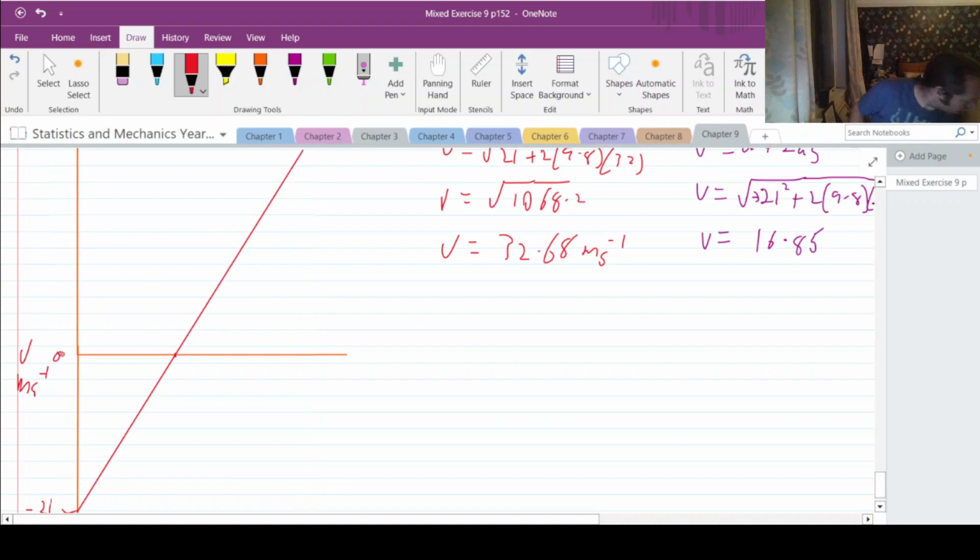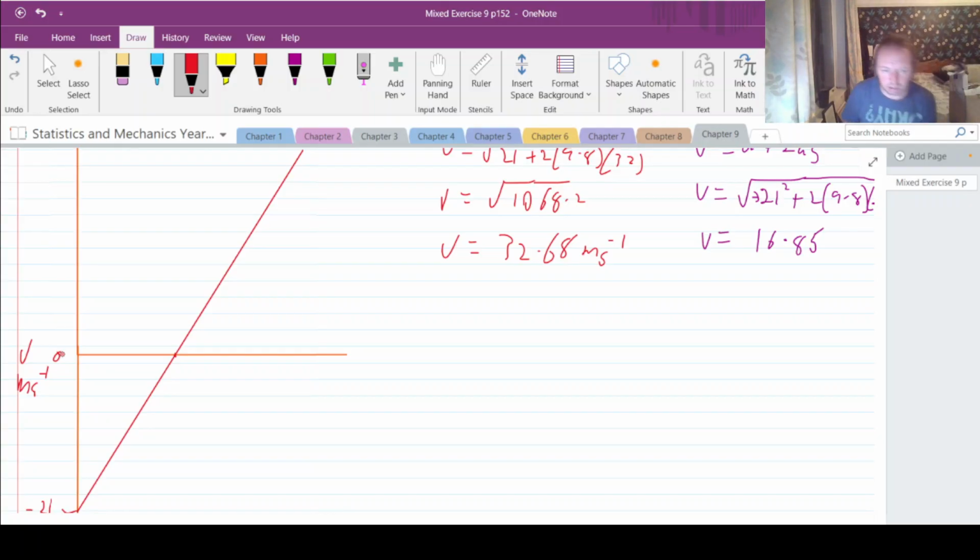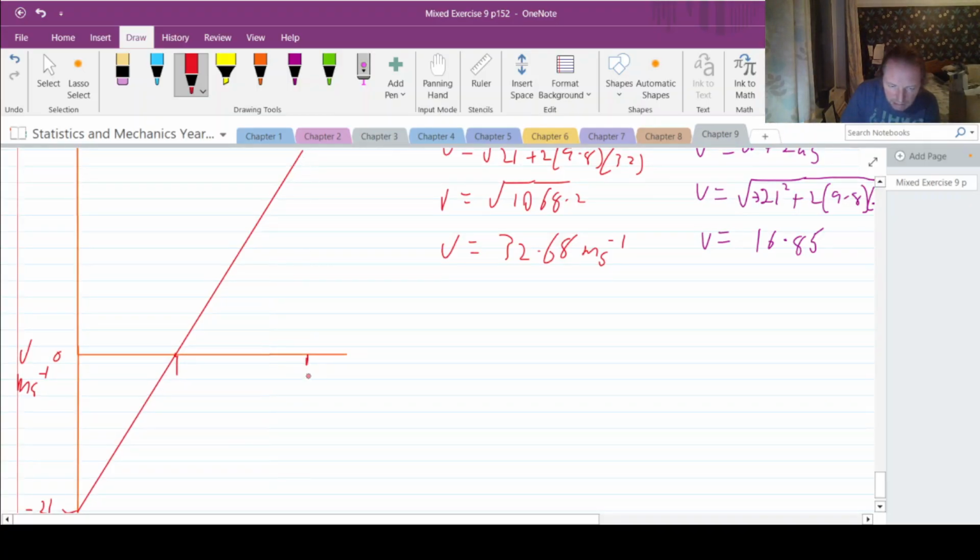What do they want to know? Sketch the velocity time graph for the motion of the pebble from the instant it's projected to the instant it hits the ground, showing the values of t at any point where the graph intercepts the horizontal axis. So we could do with knowing t here and t here.